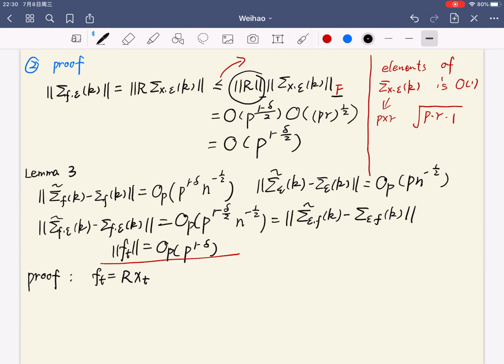Since xt is strictly stationary with finite second moment, for each entry of xt, it is big O_P(1), since the variance and the mean are all finite.